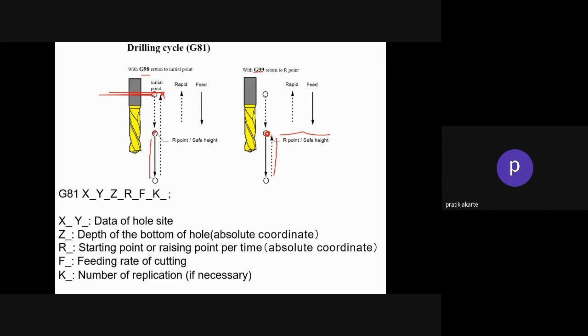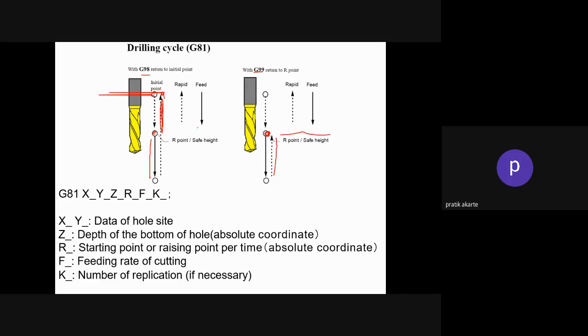So there are two points: the initial point and the reference point. If you have a number of holes to drill, you need not call the drill bit at the initial point every time. If you keep on calling it, the tool has to travel that much more distance, and the time taken is also included.